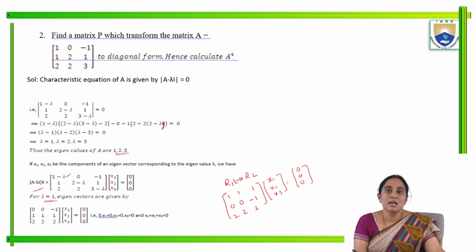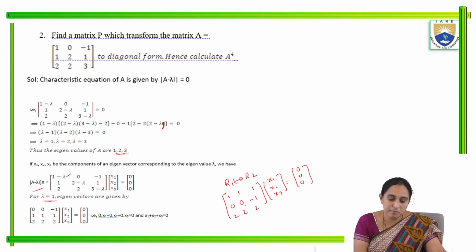Observe, echelon form means below the diagonals are zeros. What about below the diagonals after interchanging the rows? 0, 2, 2. And the diagonal element also 0, no problem.